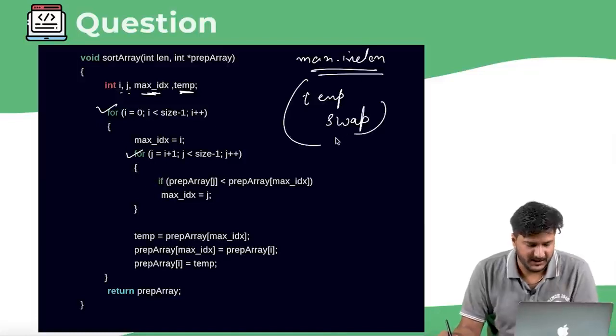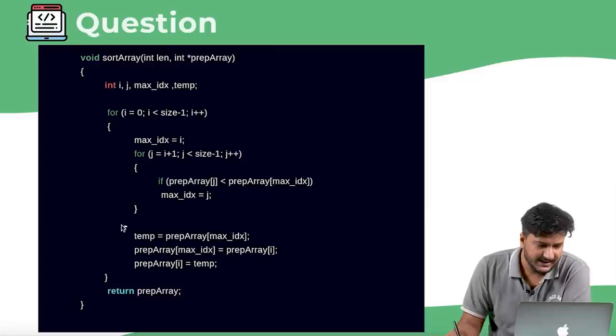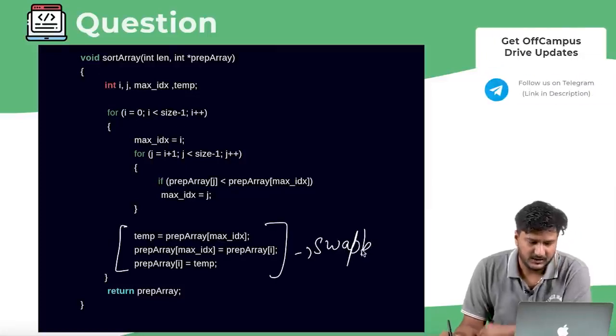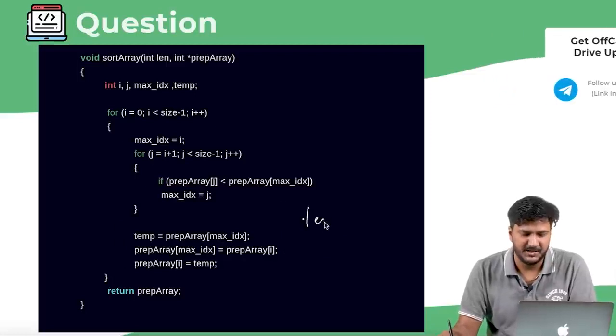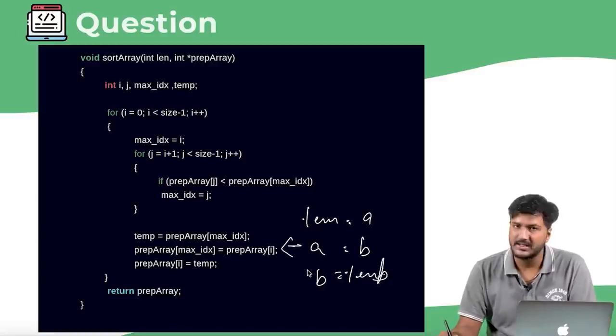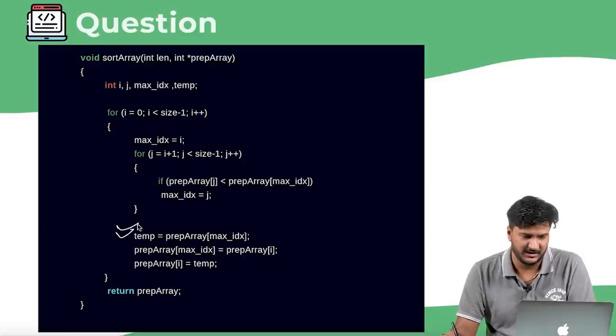In this question, this part is used for swapping: temp is equal to A, then A is equal to B, and then B is equal to temp. You can compare it with this, it comes out the same way, so there's no issue in this.